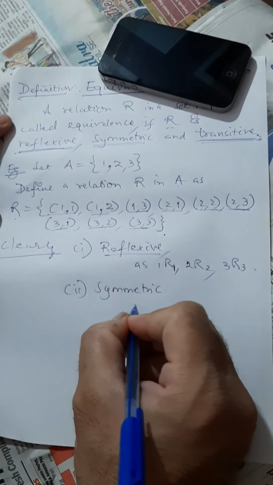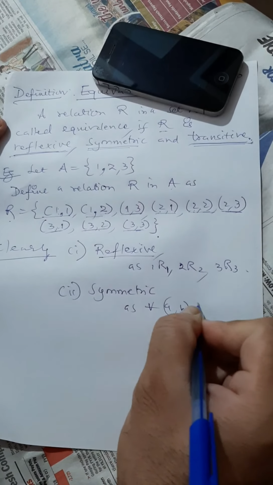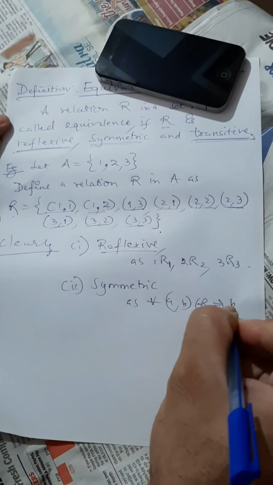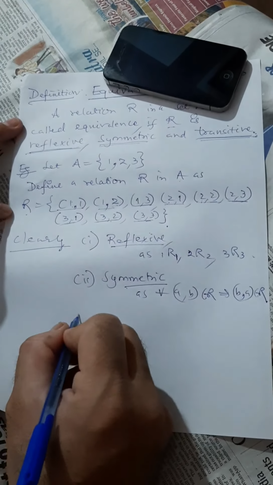So it's symmetric. For every (a, b) in the relation R, its reverse is also present in R.